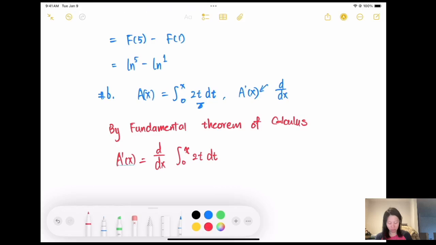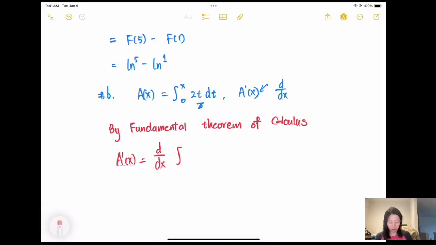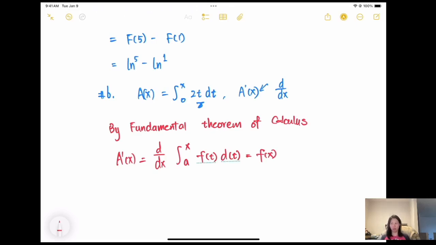Or let me just write down the definition. If A of x equals the integral from a to x of f of t dt, then A prime of x equals f of x. So that's the fundamental theorem of calculus.